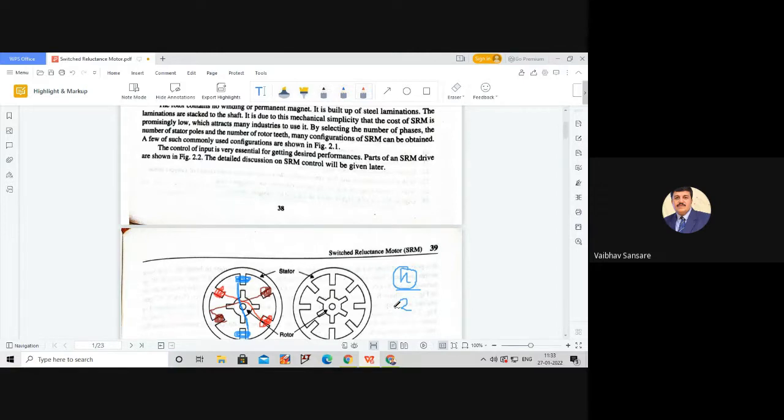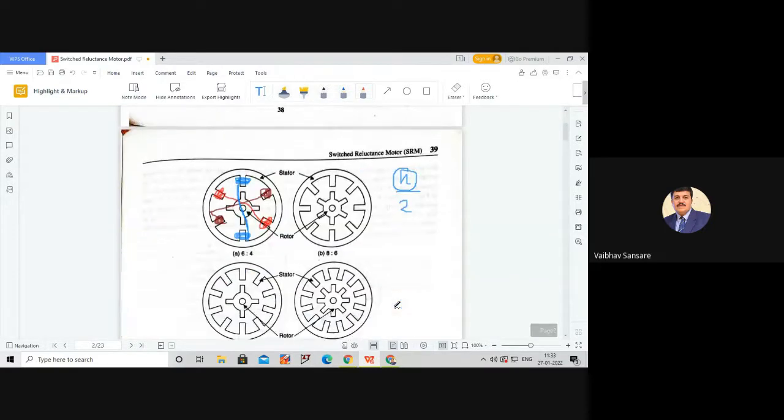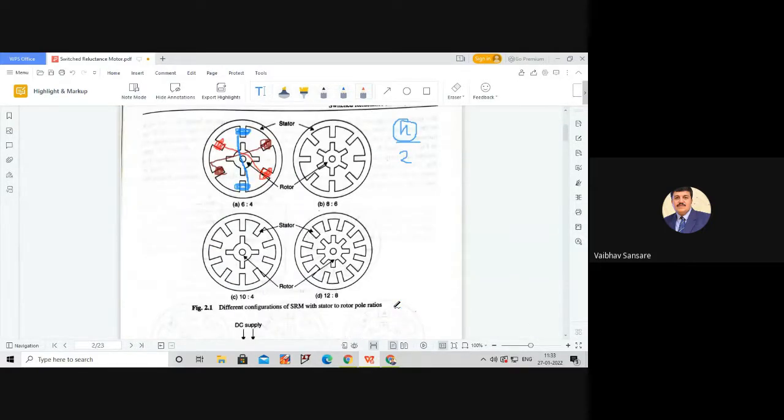These various configurations depend upon how many stator poles are present, how many stator phases there are, and how many rotor teeth are present in the given SRM. A few commonly used configurations are shown in figure 2.1.